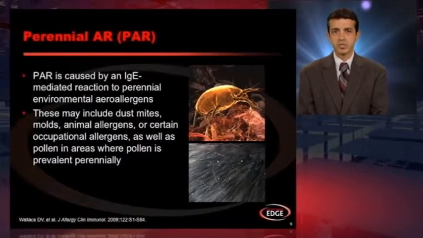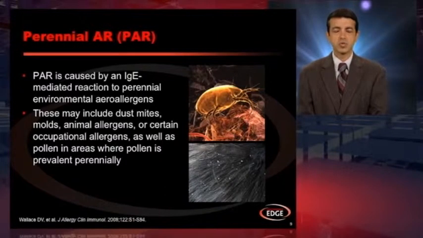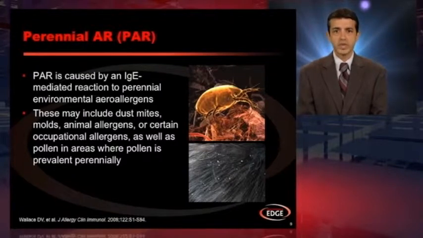For perennial allergic rhinitis, we define by IgE sensitization to perennial allergens, dust mite being the most prevalent, particularly in humid environments. The mite needs approximately 50% relative humidity to survive. Other perennial allergens include animal danders, cat, dog, again, being very common.